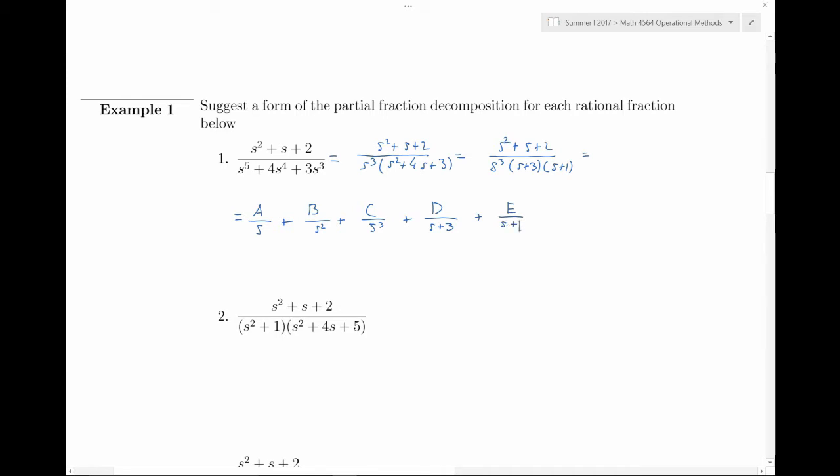And finding inverse Laplace transforms of these little fractions is quite easy. A over s is going to have a Heaviside function, B over s squared is going to have a function t, and C over s cubed is going to have a function t squared. S plus 3 and s plus 1 will both generate a corresponding exponential function. First is going to be e to the minus 3t, and the other one is going to be e to the negative t.